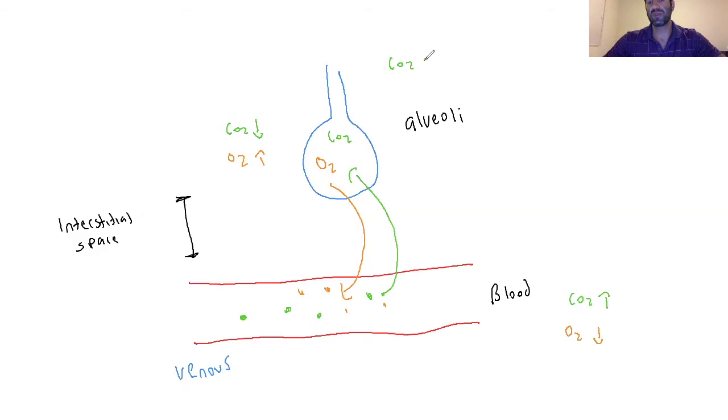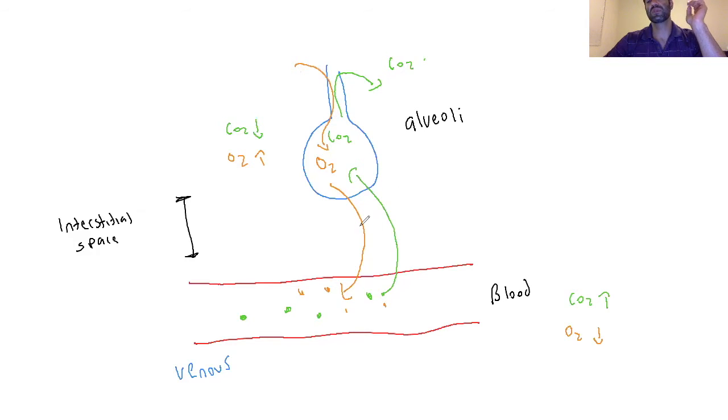So I don't want to mess up this diagram too much, but there's less CO2 in the atmosphere than there is the alveoli, and there's more oxygen in the atmosphere than the alveoli. So CO2 is going to always diffuse out of the alveoli or lungs, and oxygen is always going to go in, assuming that conditions are normal, assuming that we're at atmospheric conditions.